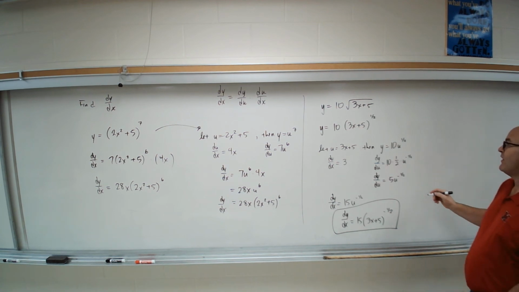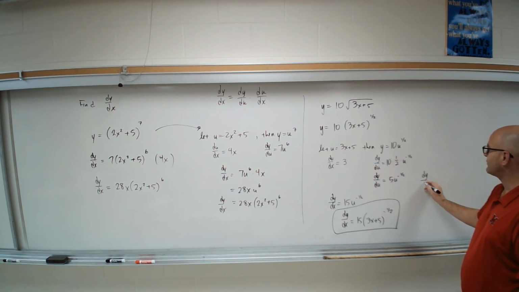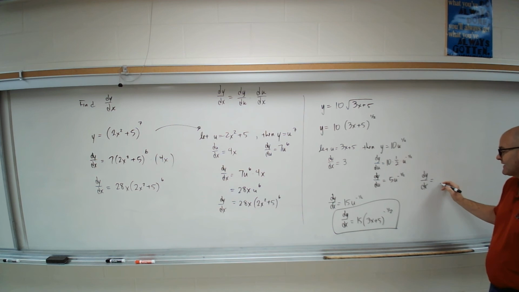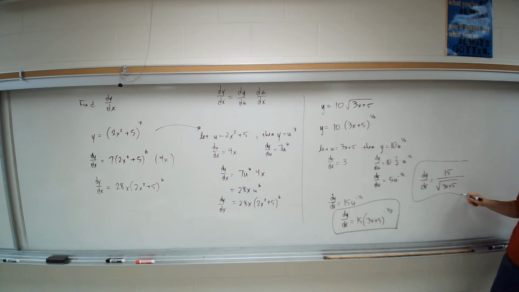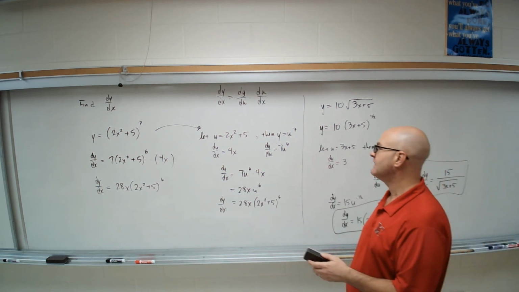You probably, though, would also see it as the derivative of y with respect to x would be 15 over the square root of 3x plus 5. That would be a really common way to see it also. So again, either one's acceptable. Just make sure that you're able to see that they're the same.